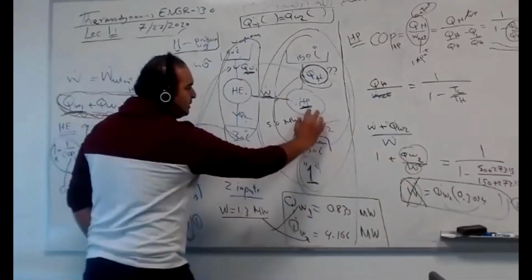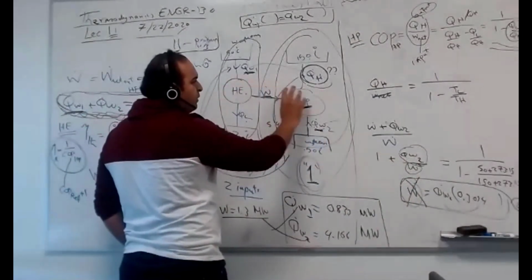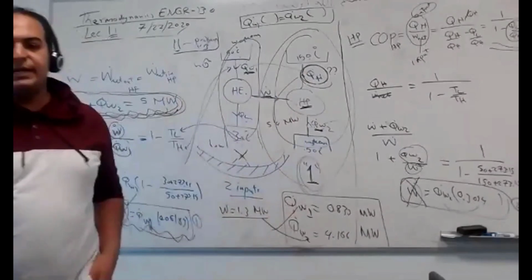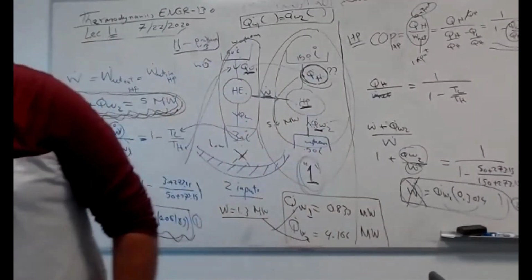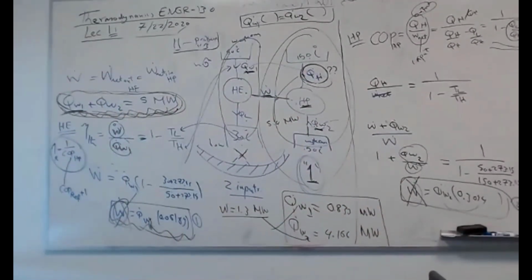So Q low plus W dot equals Q high. Guys, for almost 3 lectures now, I'm saying the same equation. Q high equals Q low plus W dot. Here Q high is Q high, Q low is Q_W2, and work is work. So that's it.